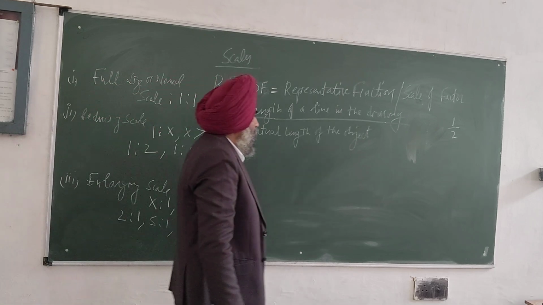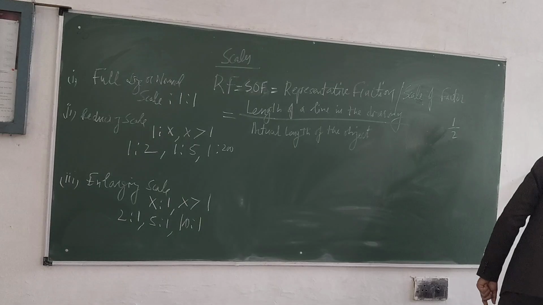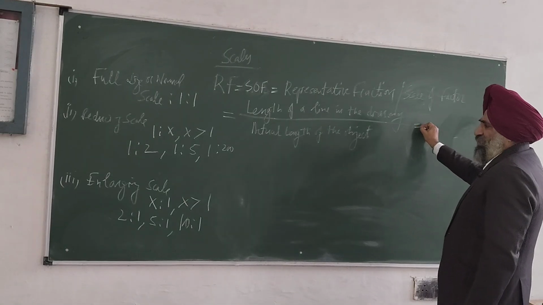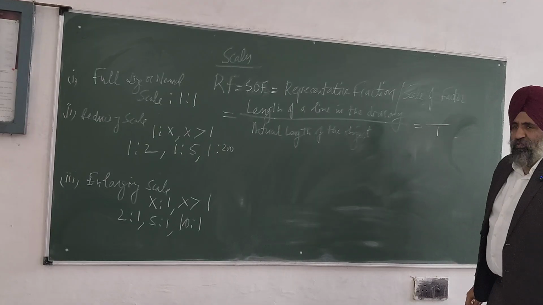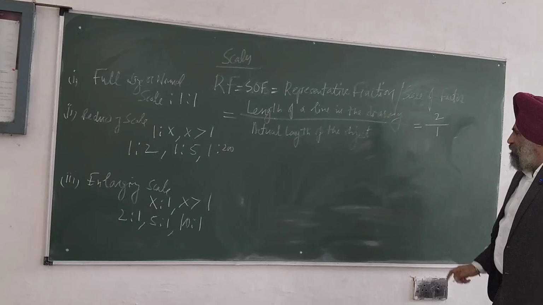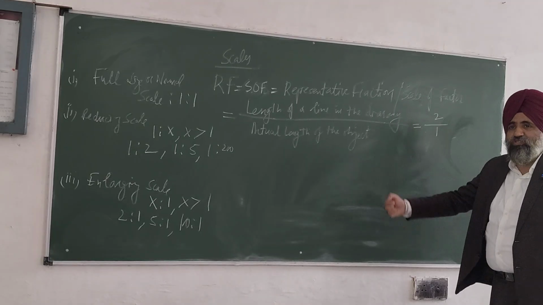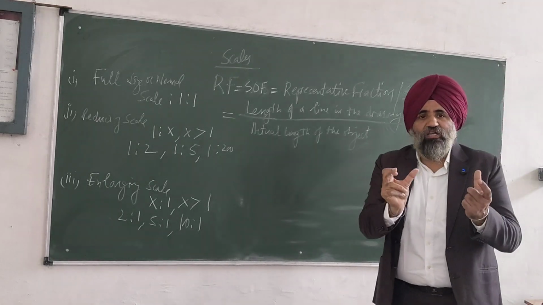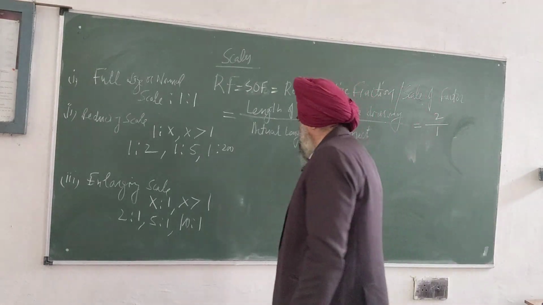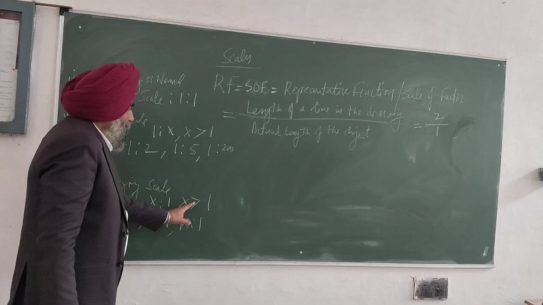What does it indicate? Your actual length is 1 and your length of a line in the drawing is 2. You have used the enlarged one. The smaller object is being shown bigger in the drawing. So this becomes your enlarging scale.